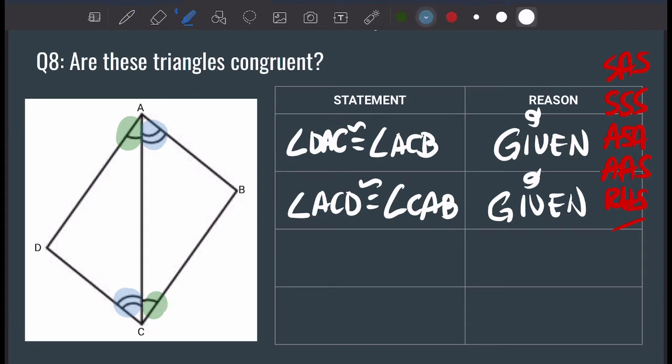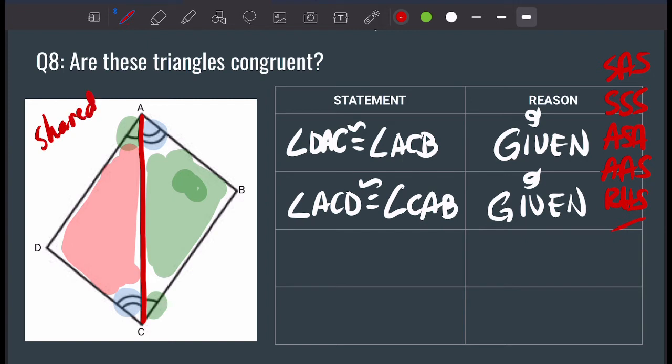So let's look at these two triangles. Aha, look at that. This is triangle ACD. This is triangle ABC. What do they have in common? They have a shared side. Okay? And we know that if it is a shared side, it is congruent because of the reflexive property.